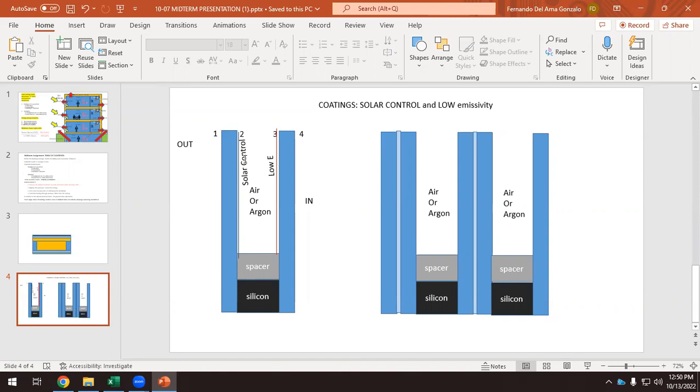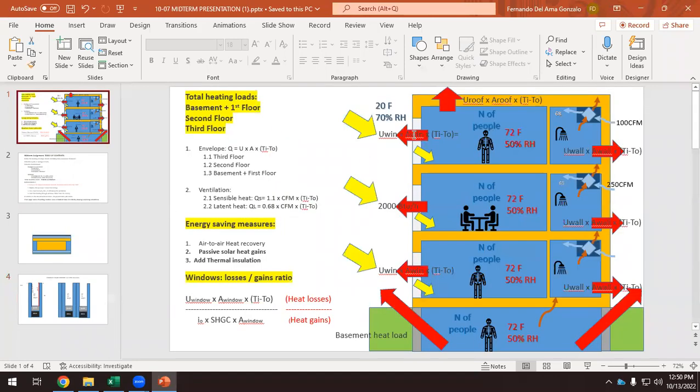Okay. So what do I want in New Hampshire? In New Hampshire, I want to keep the heat in, or in Hartford, or in New England, because the weather is almost the same. So I want to keep the heat inside the building, and I want to maximize the heat gains, especially in southern windows.